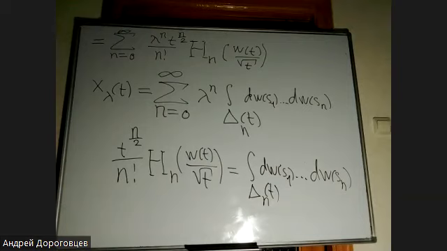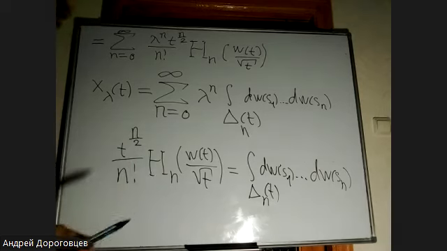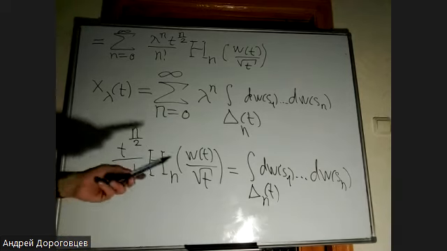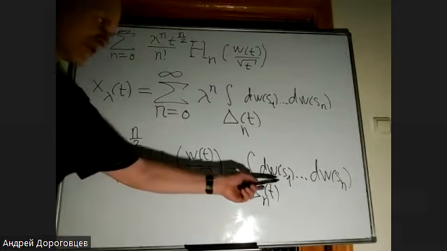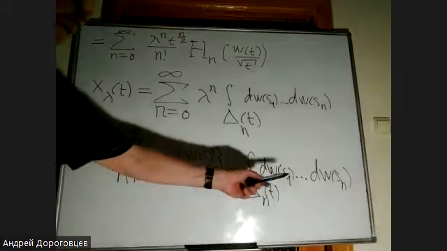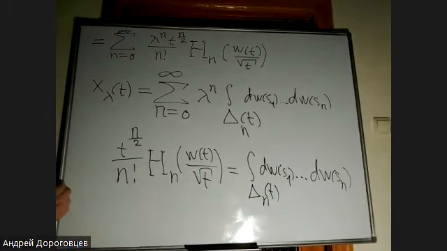So what we can see is, firstly, the integral with respect to the simplex of the iterated integral with the Wiener process is nothing else than a Hermite polynomial.